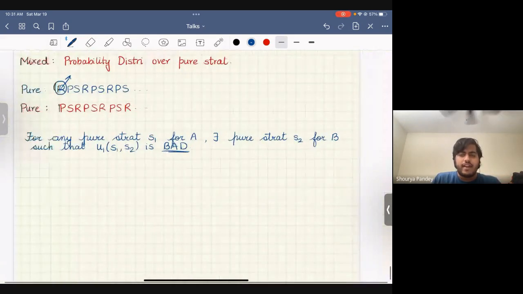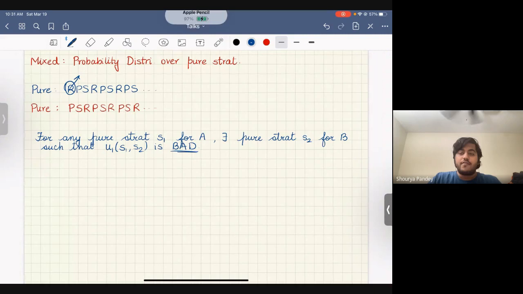And that's clear why it is true, right? Since your strategy is pure, it deterministically tells you what to do on step i. And so S2 can simply be: do the thing that beats it.